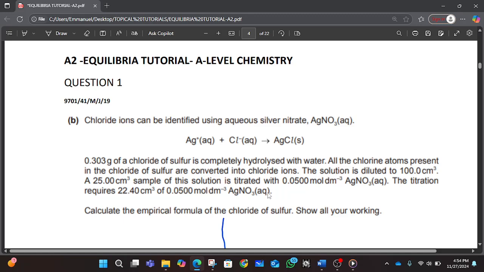A 25.00 centimeter cube sample of this solution is titrated with 0.0500 mole decimeter cube silver nitrate aqueous. The titration requires 22.40 centimeter cube of 0.0500 mole decimeter cube AgNO3 aqueous. Calculate the empirical formula of the chloride of sulfur.